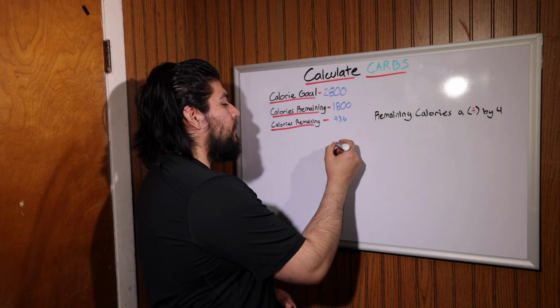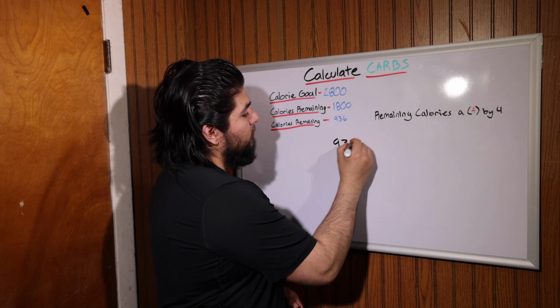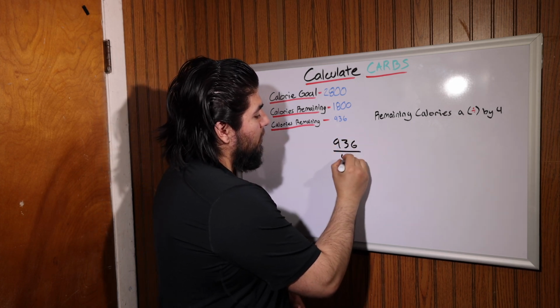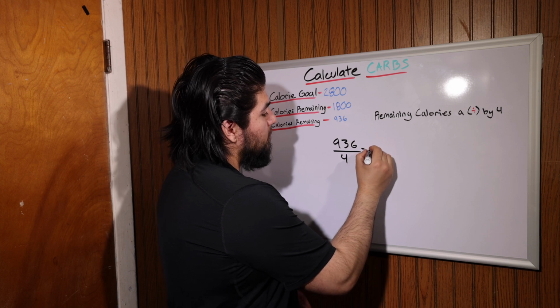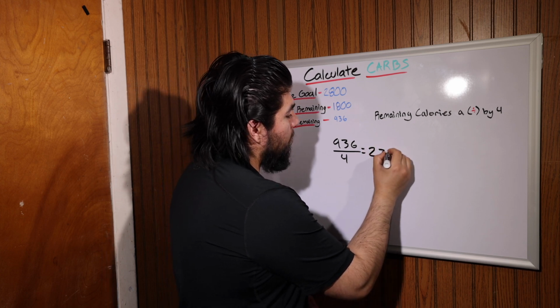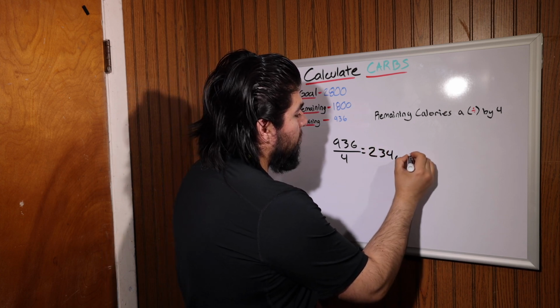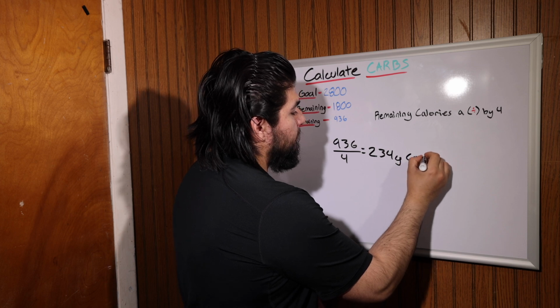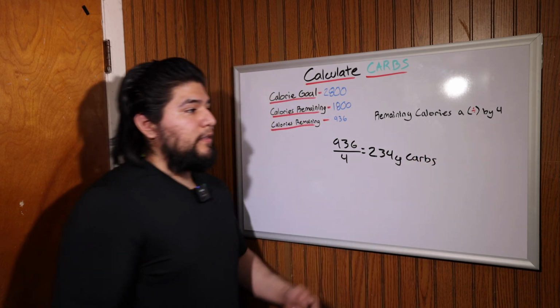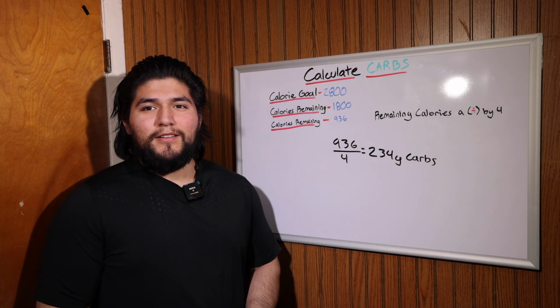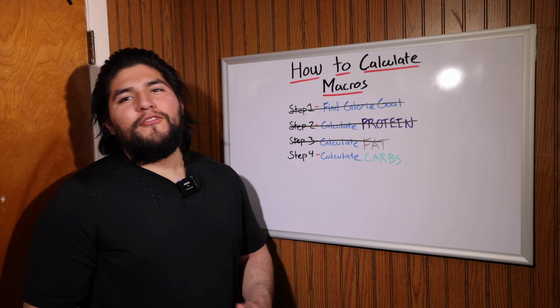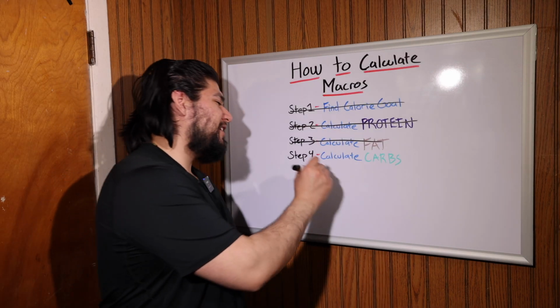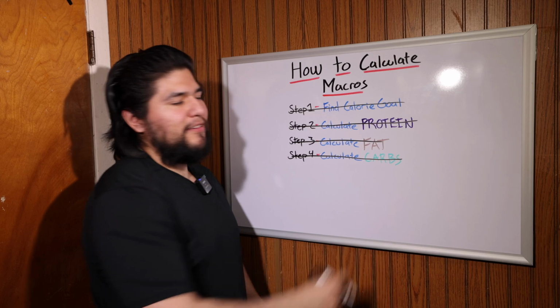So we're going to do 936 divided by 4, and that's going to give us 234 grams of carbs. And that's it. You successfully calculated your macros. Final step, calculating carbs, done.